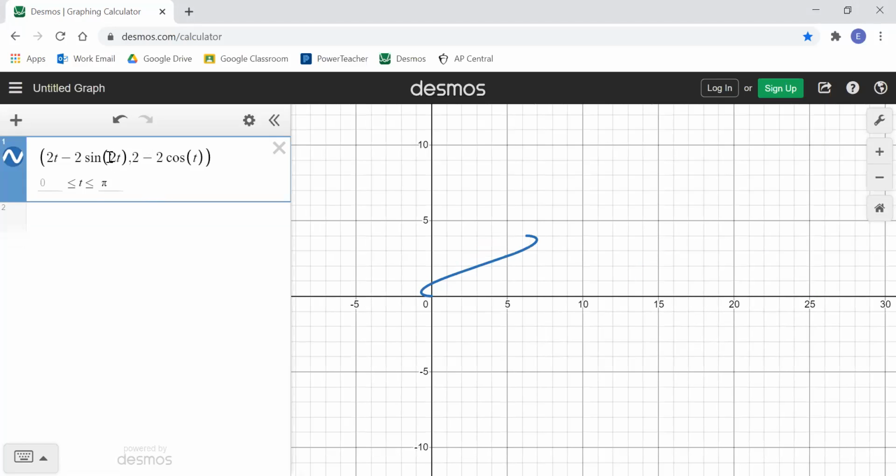If I throw in a 2t there, 0 to pi gives me 1, and then 2 pi gives me a second one. So it just depends on what the argument of that sine and that cosine are, or what the period of each of those individual functions are. Does that make sense, Nick?